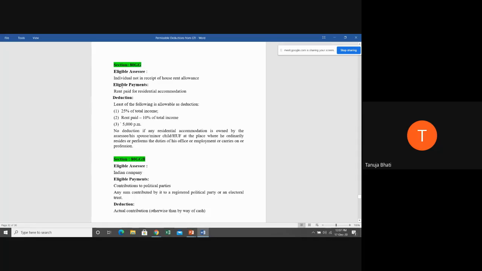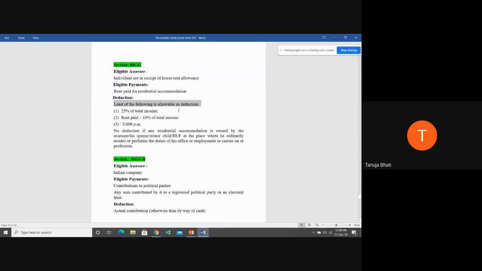But for what is this deduction given? The deduction eligible payment should be rent paid for residential accommodation. So suppose any individual who is not getting house rent allowance is paying rent for his residential accommodation, he will get a deduction under Section 80GG. Now, what is the amount of deduction he will get? The amount of deduction is the least of the following.